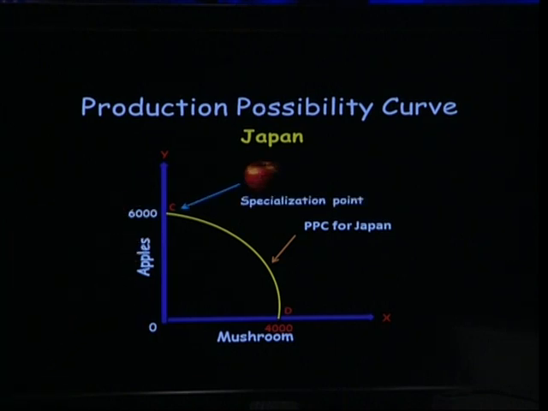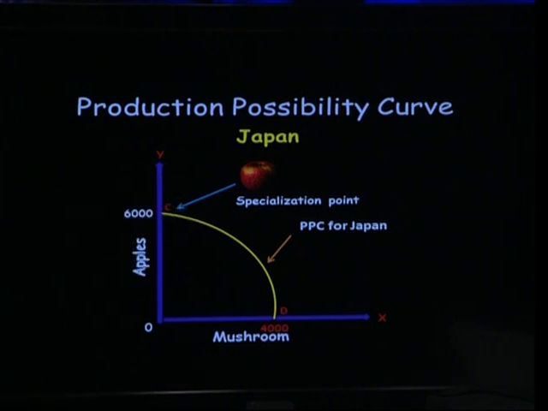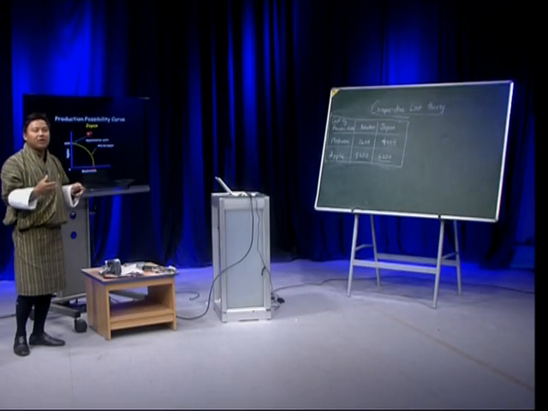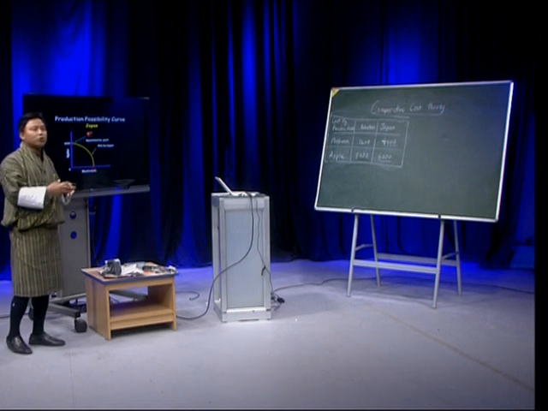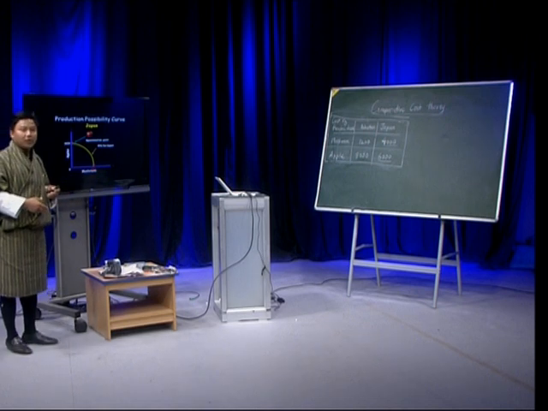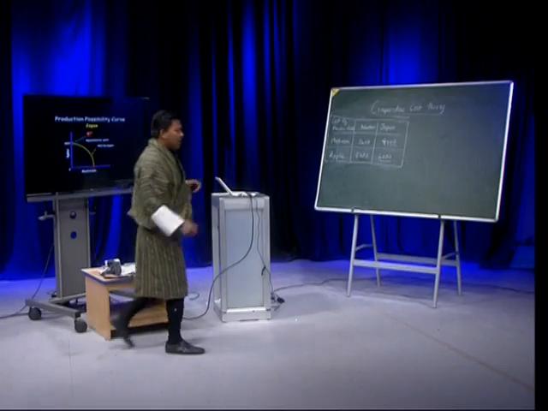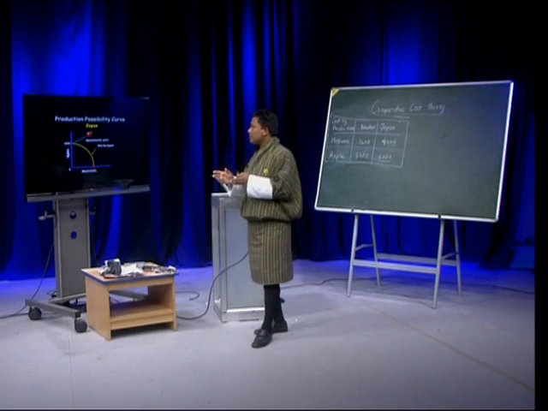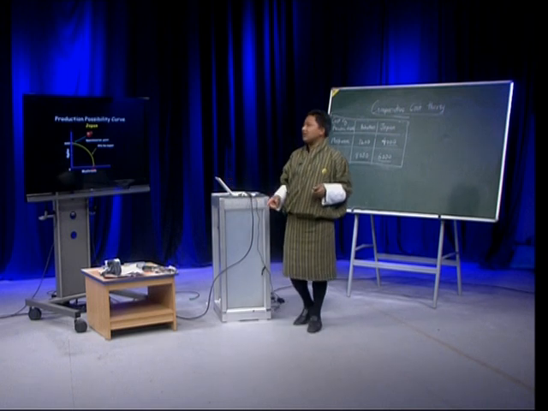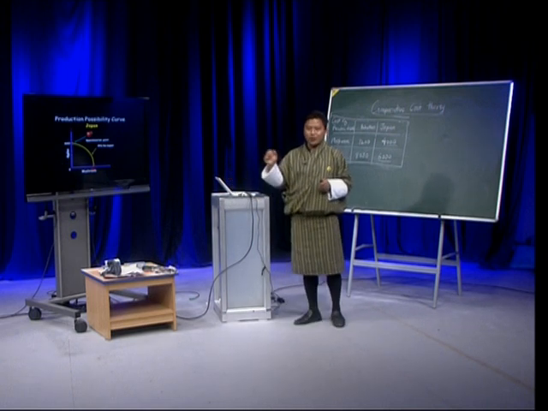Why? Because Japan has a comparative advantage in the production of apple. If Japan focuses on the production of apple, the sacrificing cost is very less and the opportunity cost of producing apple is also very less. So therefore, Japan should specialize in the production of apple, and point C is the specialization point.